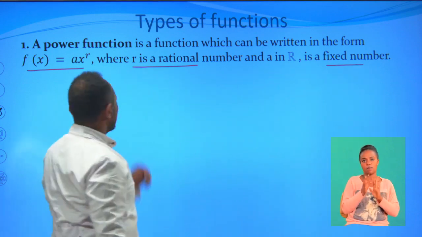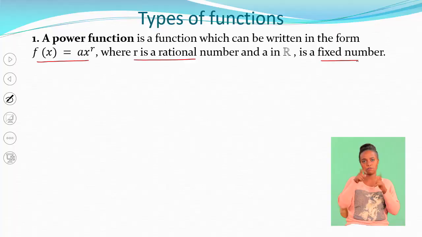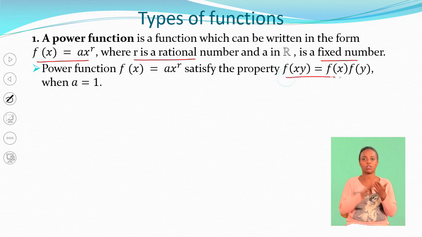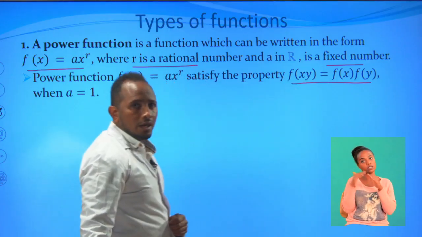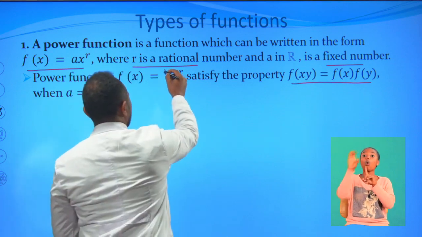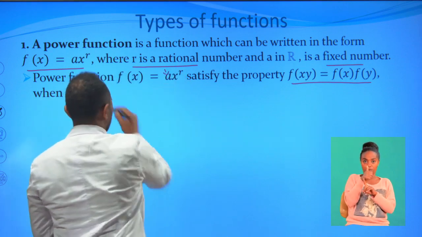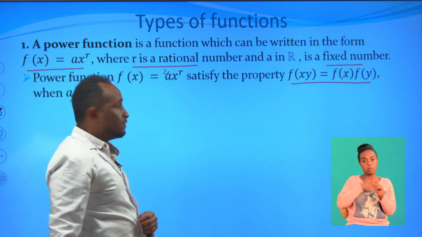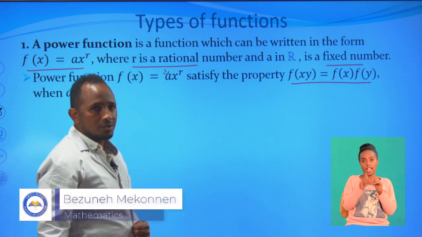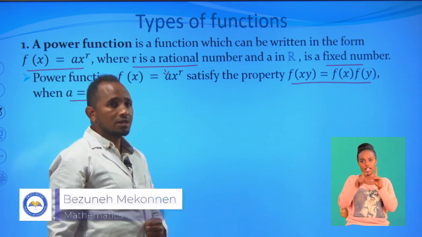A power function f of x equals a x to the power of r satisfies this property: f of xy is equal to f of x times f of y if the coefficient a is 1. Please check this one by yourself. If a is 1, f of xy gives you f of x times f of y. Otherwise, it doesn't.